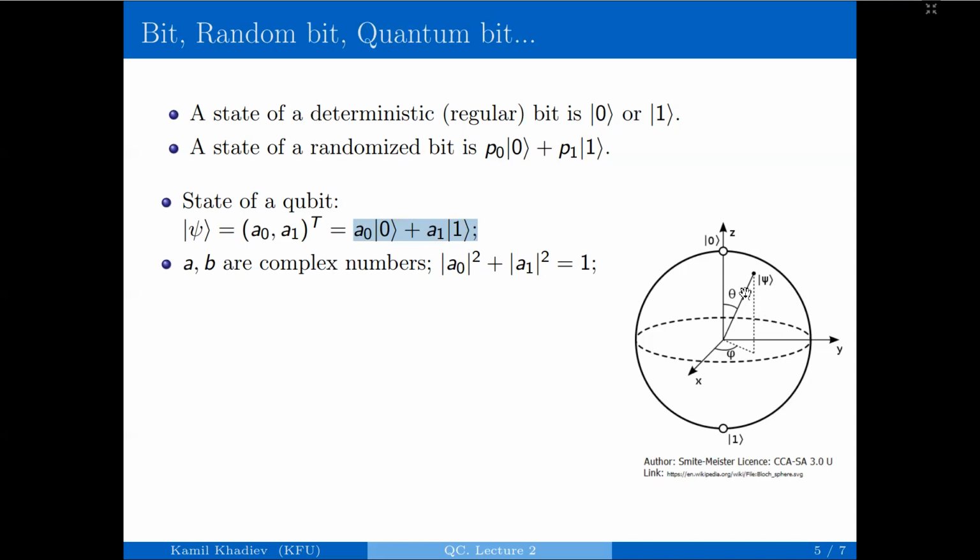It is just a direction around which it is rotating or spinning, and it can be represented as a point in three-dimensional space, so by 3 real numbers, or by 2 complex numbers.